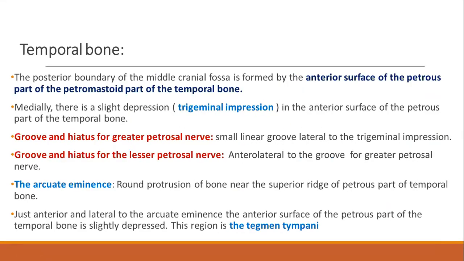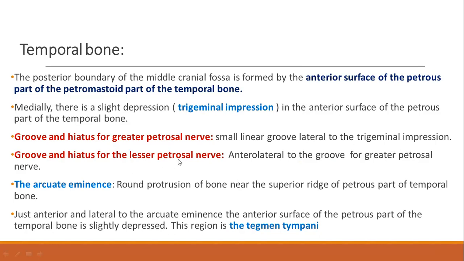Temporal bone: the posterior boundary of the middle cranial fossa is formed by the anterior surface of the petrous part of the temporal bone. There is a slight depression in the anterior surface of the petrous part. Groove and hiatus for the greater petrosal nerve, a small groove leading to the trigeminal impression.